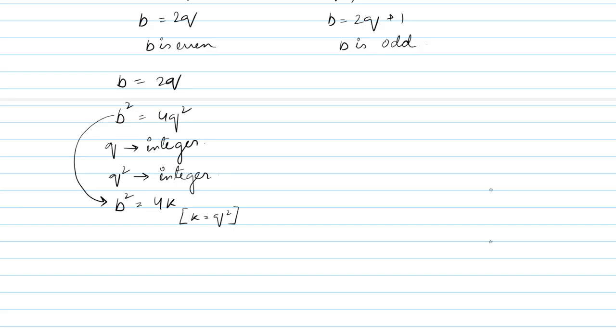Now for the case where the integer is odd, b equals 2q plus 1. After squaring, b square equals 2q plus 1 whole square.